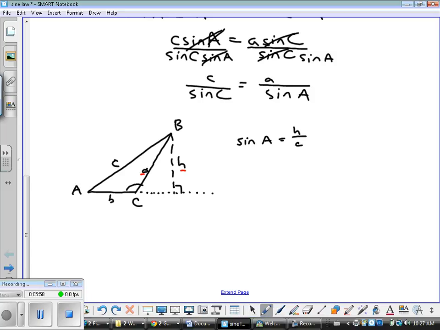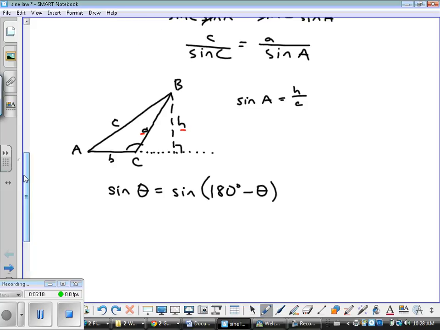Okay. And the reason that we can say that is because the sine of any angle is equal to the sine of its supplement, right? 180 minus that angle. And we learned that in the last section. Because we saw that if you have your xy plane, we can see that this angle and this angle, this would be theta, this would be the reference angle, which is the same, but the actual measure of that angle is 180 minus theta.